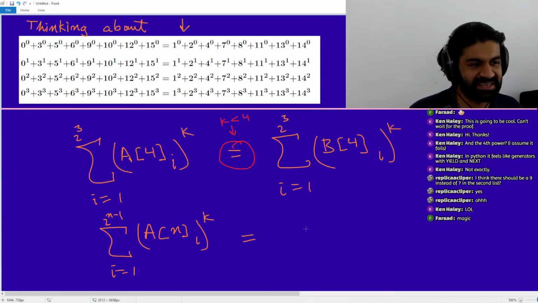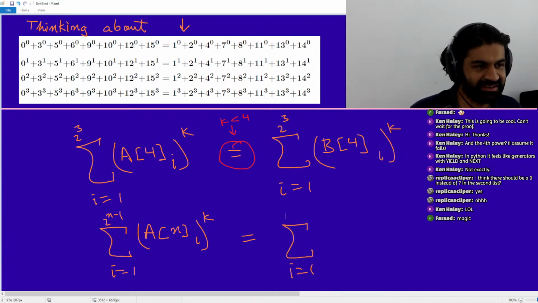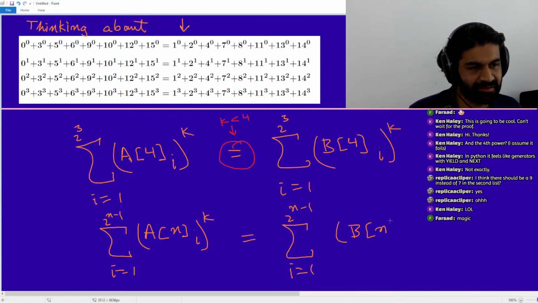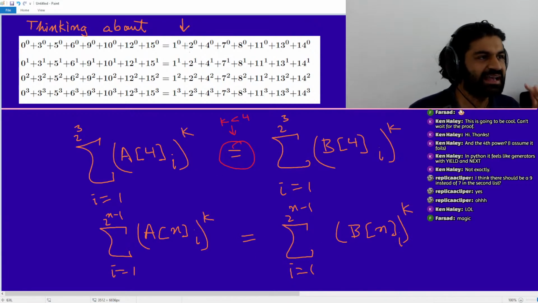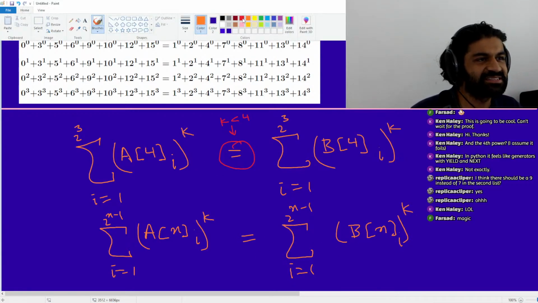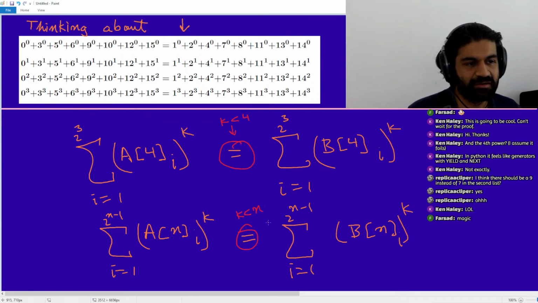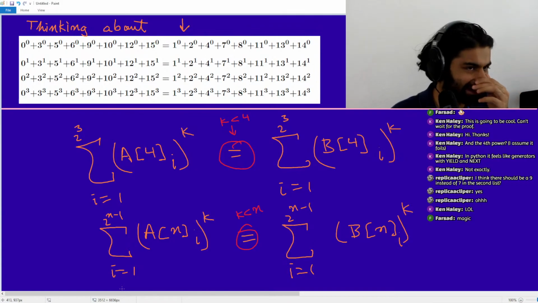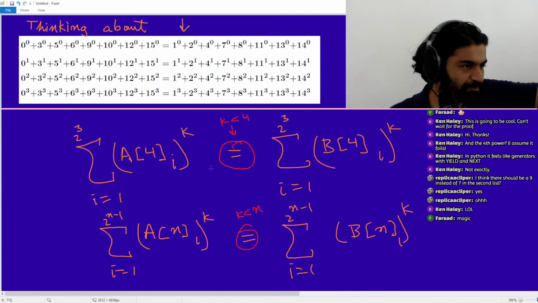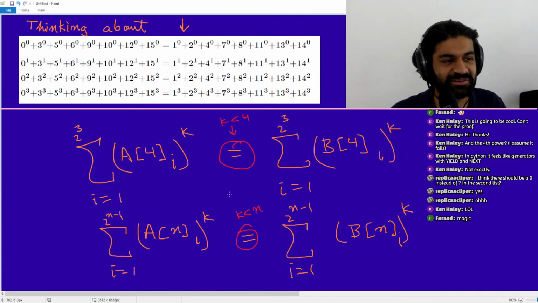This should always equal the sum of all the terms in Bn to the kth power. Once again, this only works as long as the powers that I'm raising to are less than n. Once again, I hope this makes perfect sense. This is just me writing down a generalization.